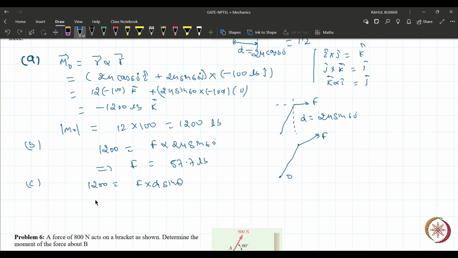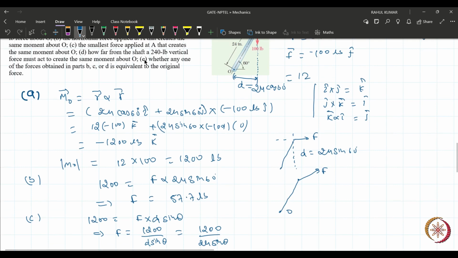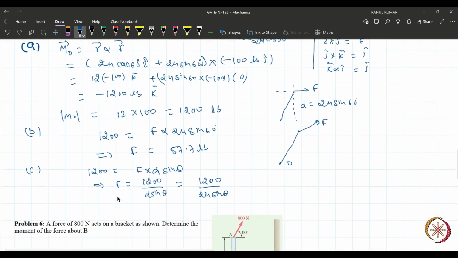Are you guys with me? So F equals 1200 divided by D sin theta. That is 1200 divided by, what is D? 24 sin theta. Now, it is asking for the smallest force. How will F be smallest?